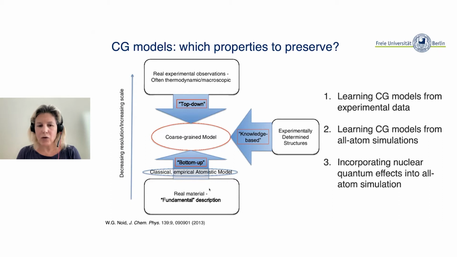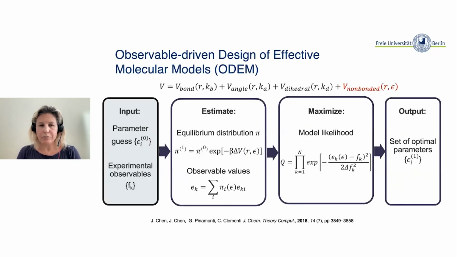And then I'll tell you what we have done in coarse-graining over the years, which we're now porting into understanding quantum nuclear effects. So let's start with the first part.